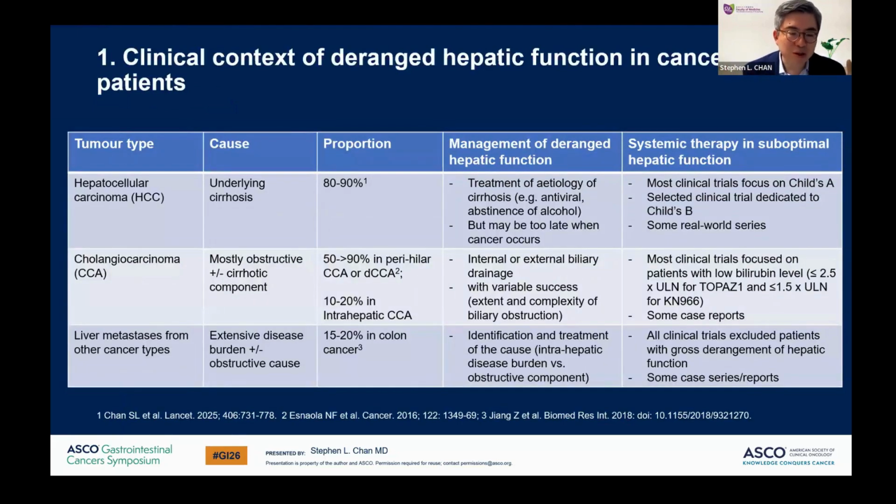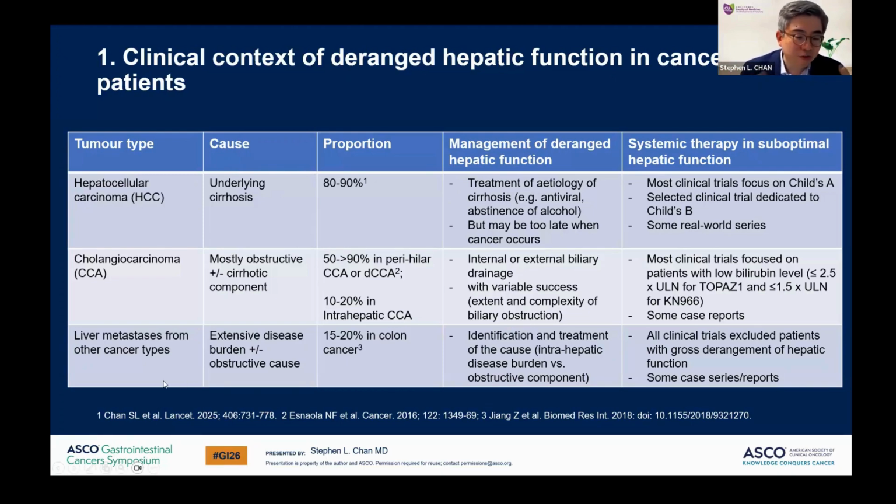This is a very busy table, but it highlights that we should not always think liver function impairment only happens in HCC patients. In fact, if you are a doctor handling cancer patients, you will find that not only in HCC, which is obviously due to cirrhosis, but in cholangiocarcinoma we also sometimes encounter patients with either cirrhosis or biliary obstruction.